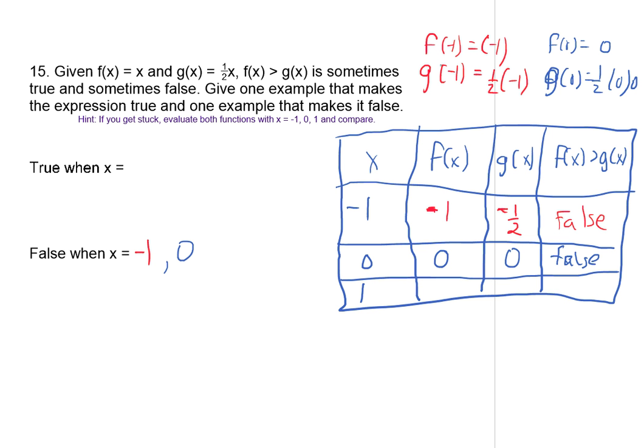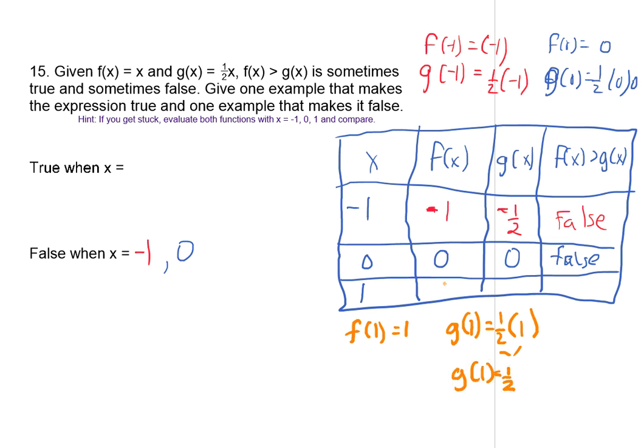Now let's check 1. All right, so we're going to take f of 1 is equal to, plug it in for x, and you get 1. Now we do g of 1, and we get 1/2 of 1. And 1/2 of 1 is a half. So g of 1 equals 1/2.